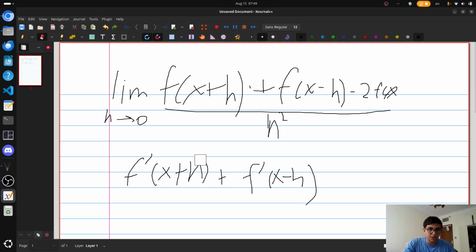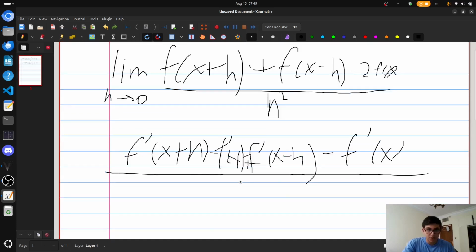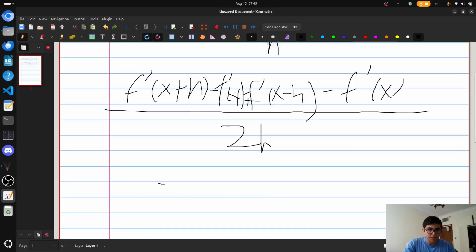And basically what you can do here is split this: f prime of x plus h minus f prime of x, plus this minus f prime of x, and notice this is just over 2h. This is equal to, because now you're using this definition of the derivative over here. So let me write it another way.